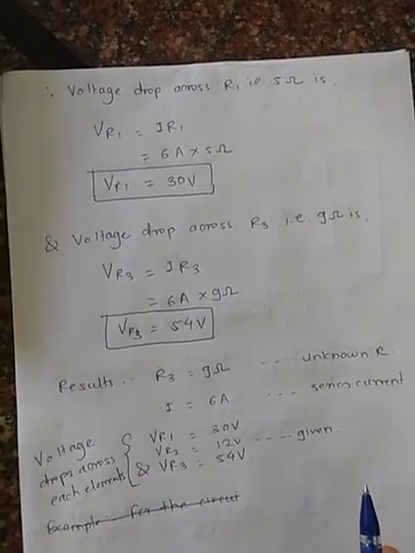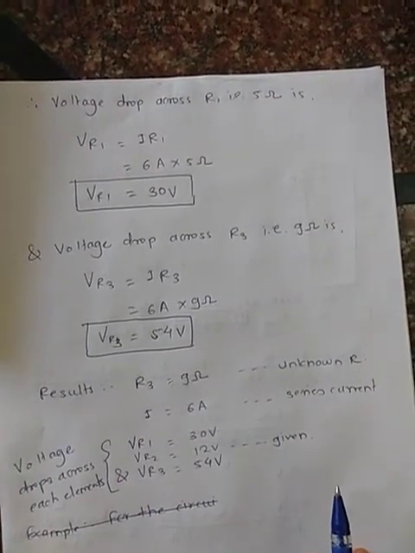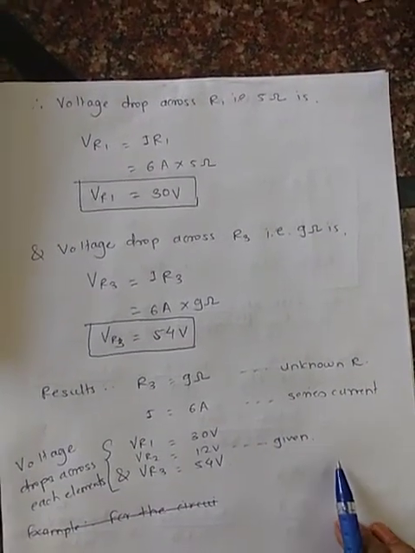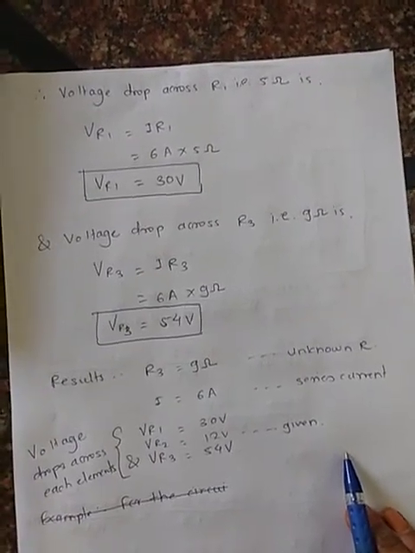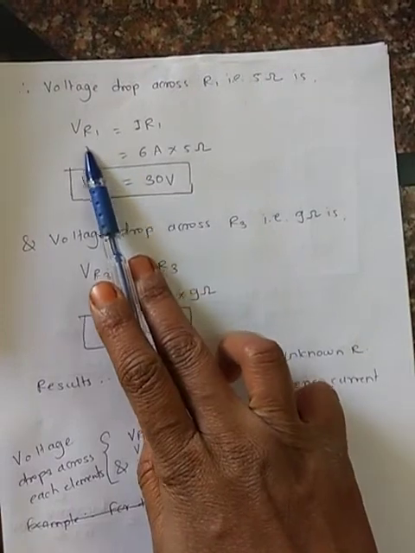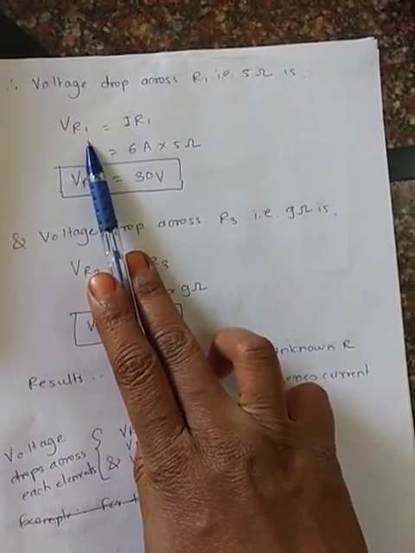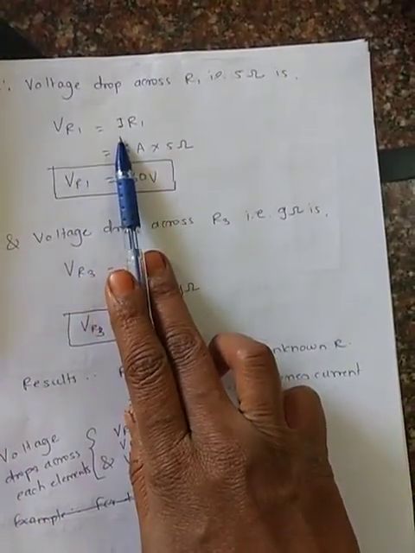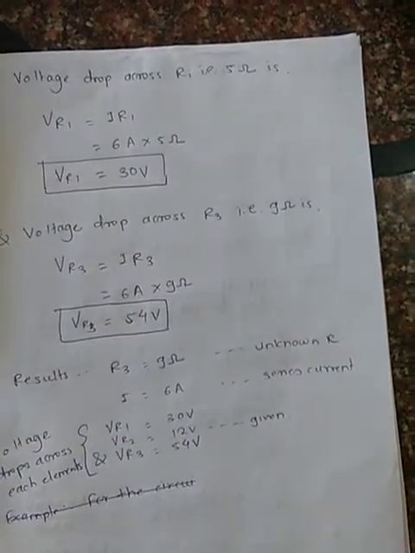We have to find out the voltage drop across R1 and R3. For that we can write the equation for the voltage drop across R1 as VR1 is equal to I times R1.